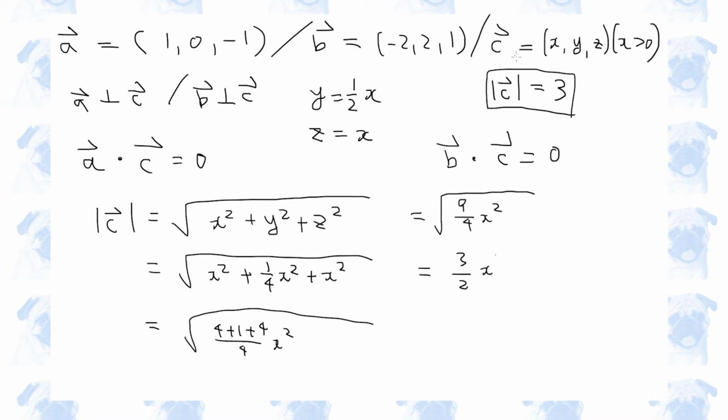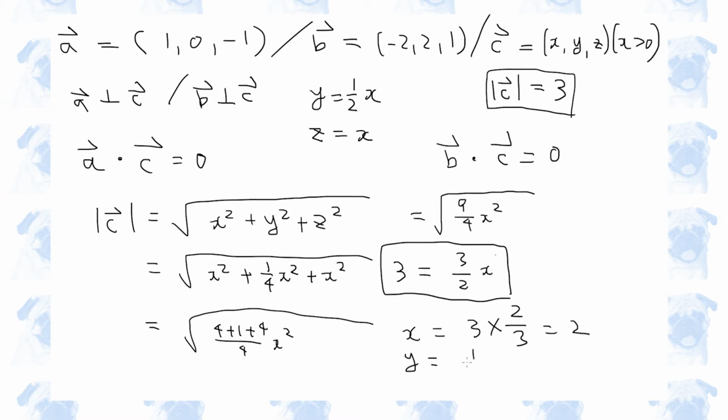And since the magnitude of vector c is 3, this is equal to 3. So x is 3 times 2/3, which is 2. Therefore, y is 1/2 times 2, which is 1, and of course z is the same as x, so 2. And this is the final answer.